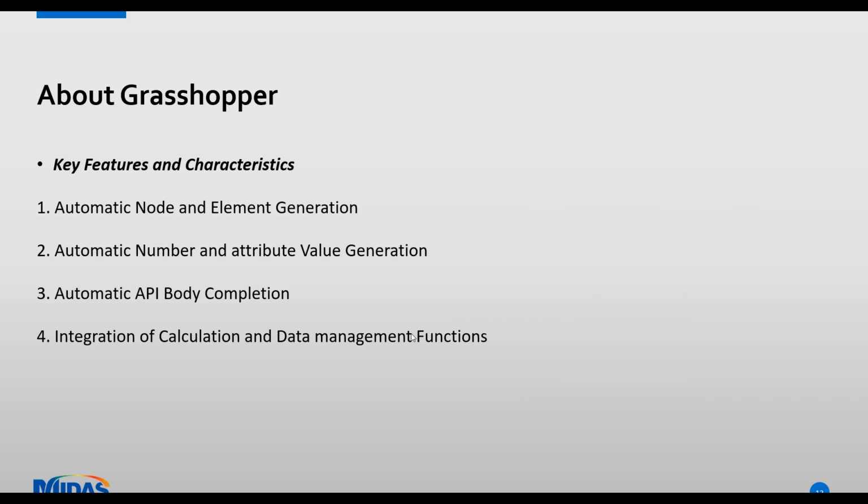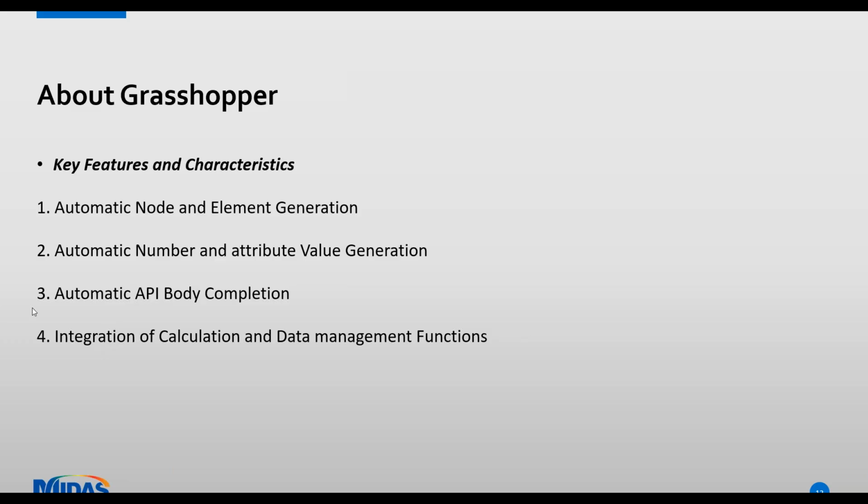The key features and characteristics of Grasshopper are automatic node and element creation, automatic number and attribute value generation, automatic API body completion, and the integration of calculation and data management functions.